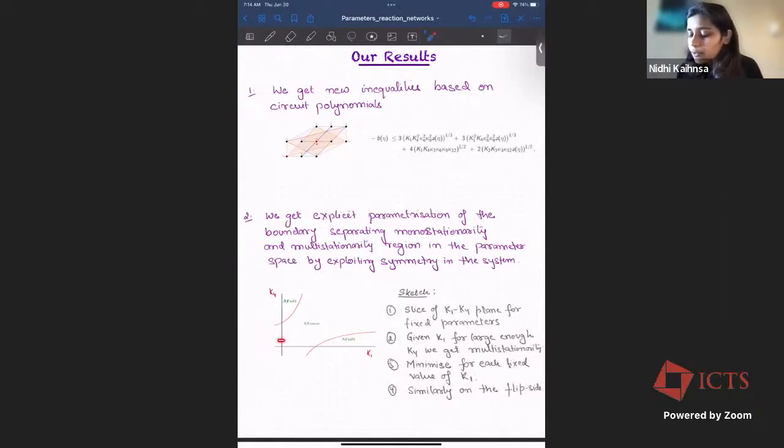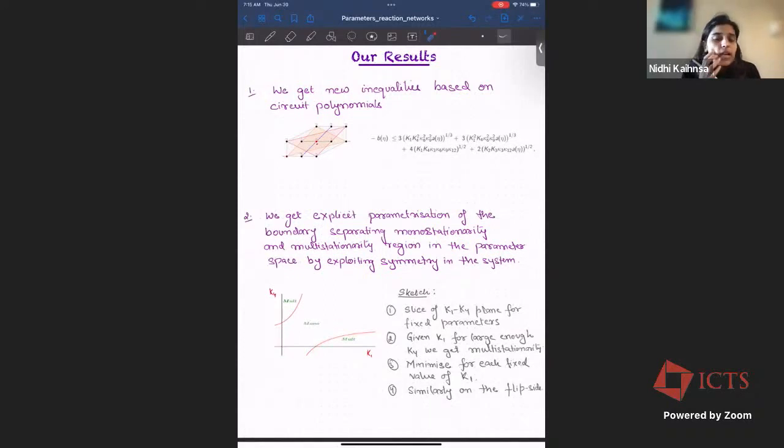And for each K4, there exists some value of K1 such that beyond this, for every value of K1, we will in fact get multistationarity. So basically we take this region, we fix a point, and we find the minimizer of the values which give us multistationarity. And that parameterizes our boundary, and we do it for all such values here.